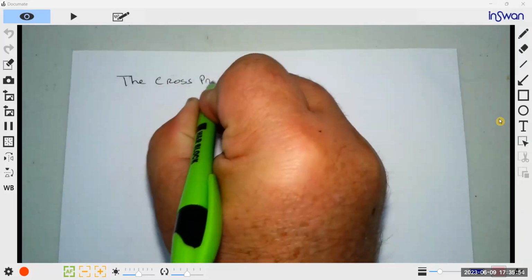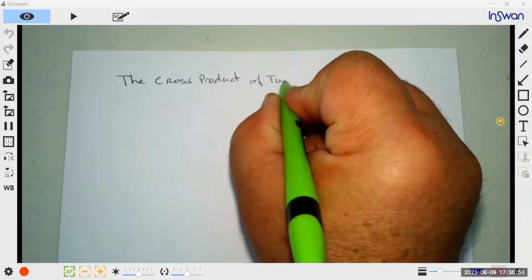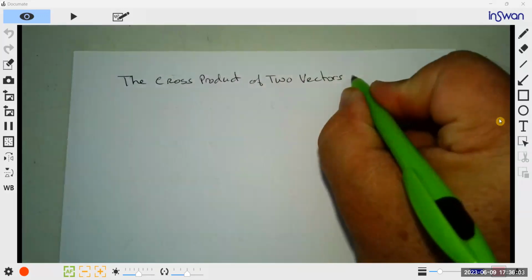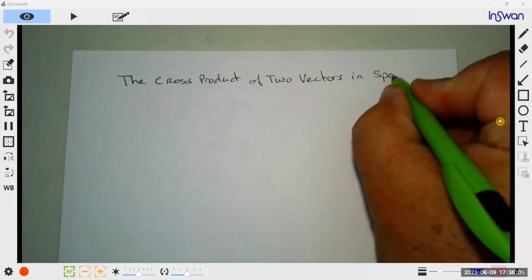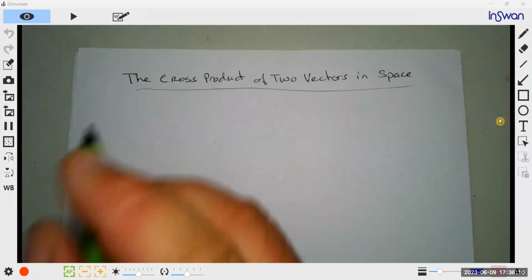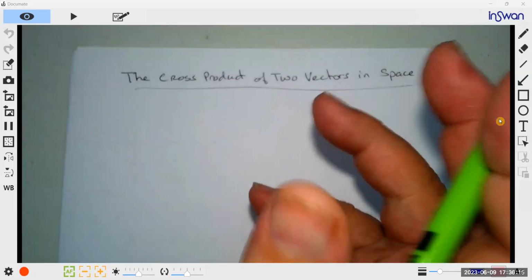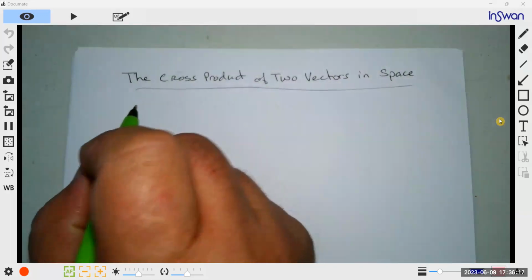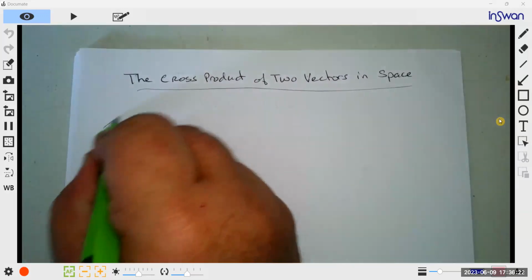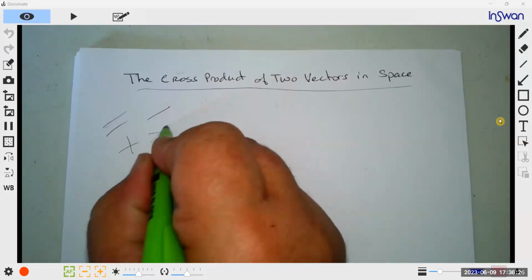The cross product of 2 vectors in space. Remember in algebra we talked about how two lines could be parallel, could be the same line, could be perpendicular to each other, or could be anything else.